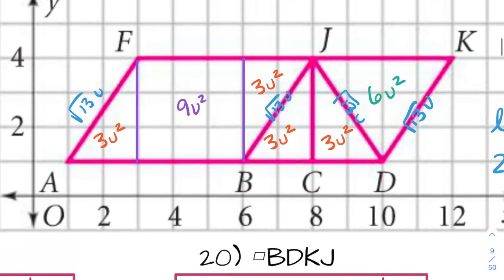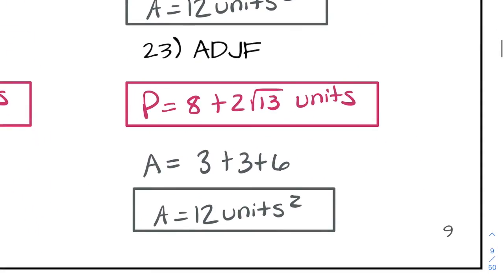Perimeter is 2 square roots of 13 because we have one right here and one right here. We also have 1, 2, 3, 4, 5, 6, 7, 8, 9, 10, 11, 12, 13, 14. So it's 14 plus 2 square roots of 13.